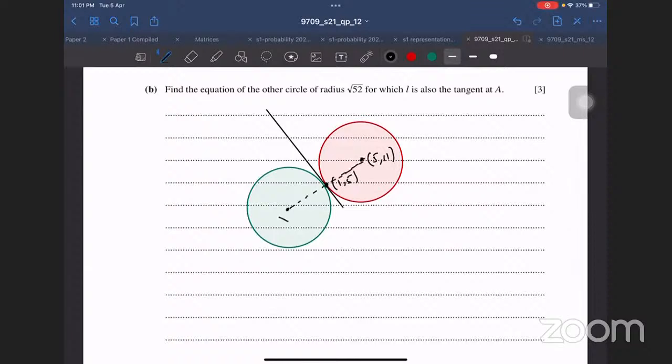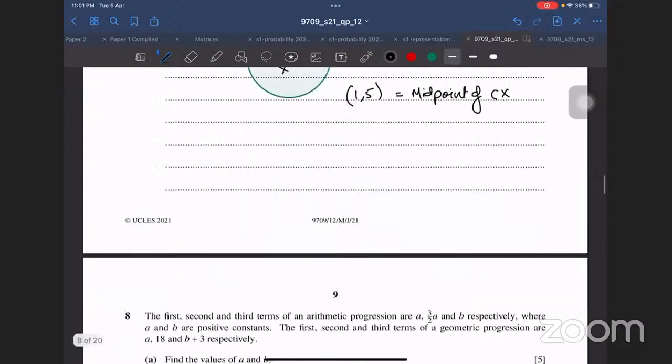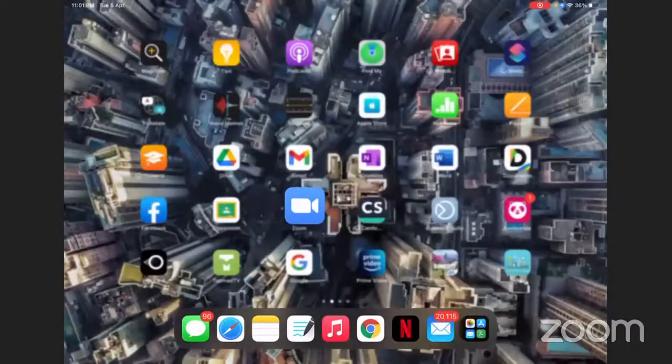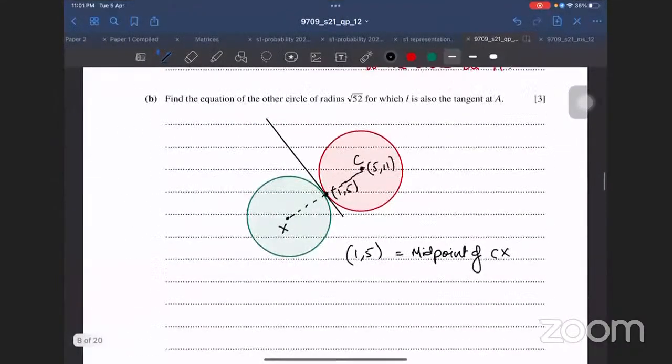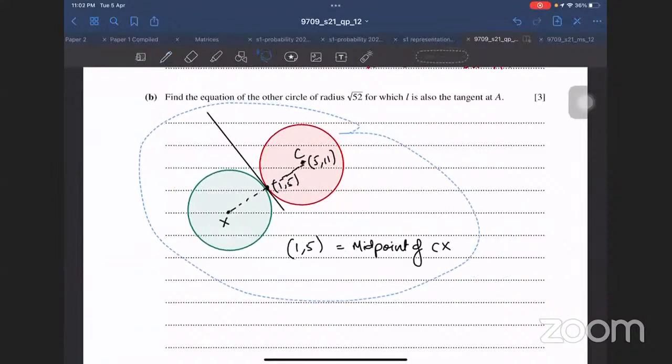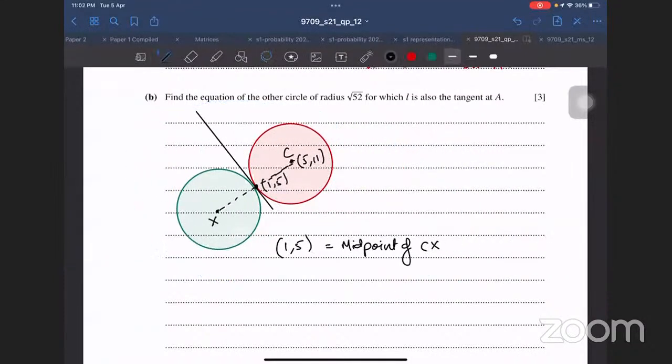Let's call that X, and 1 comma 5 will be the midpoint of CX. Midpoint of CX, that is what this question is about. So I'm going to figure out the value for X.